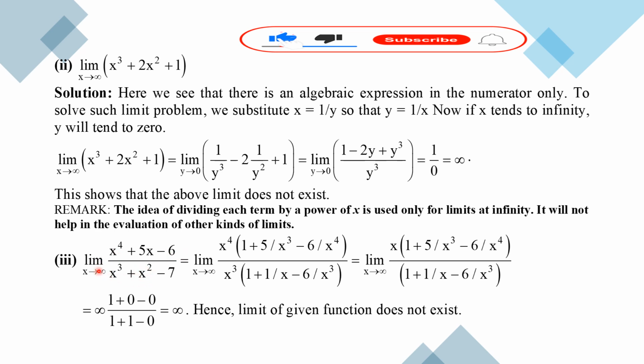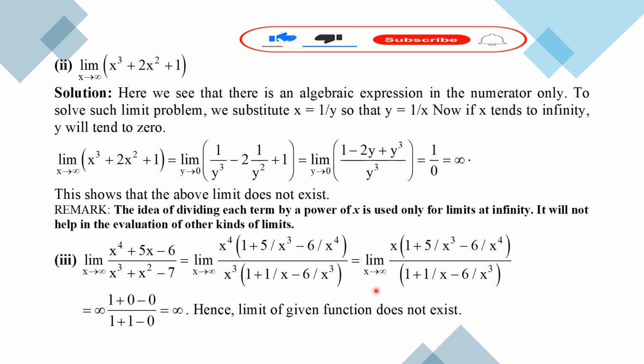Another example, limit x tends to infinity, x to the 4 over x cube. Here in the numerator the maximum common factor is x to the 4, so the rest is 1 plus 5 over x cube minus 6 over x to the 4. In the denominator we have x cube common, so 1 plus 1 over x minus 6 over x cube. So x cube will cancel with x to the 4, and we just have x here.